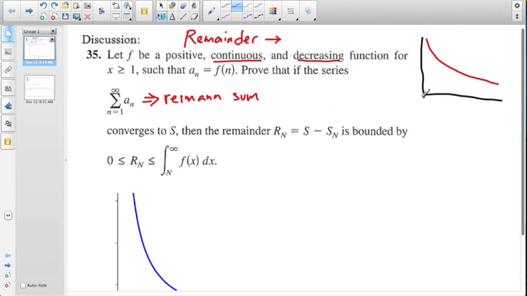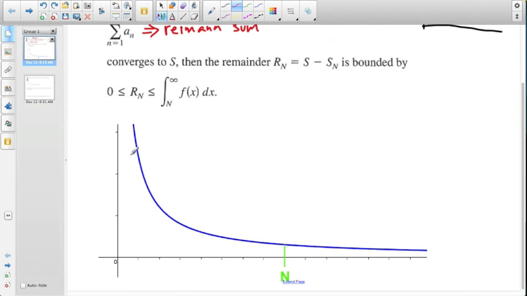And so the idea then is, if we know the sum of the series, how can we get this idea of calculating a remainder if we only go out so many terms? This is where the integral test helps us, since an integral is talking about a summation process, much like this is a summation process.